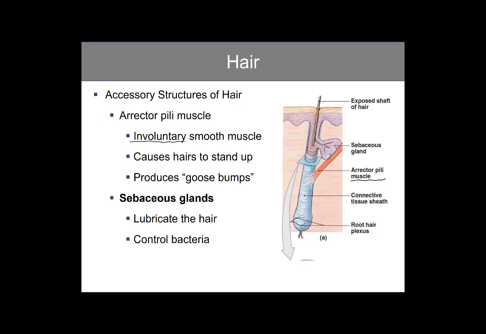In addition to the Erector Pili muscles, we also have sebaceous glands. Sebaceous glands are oil-producing glands that are directly associated with the hair, and they coat the hair in a layer of oil as the hair grows, and it keeps the hair from prematurely breaking. So it lubricates the hair. It also controls bacterial infections.